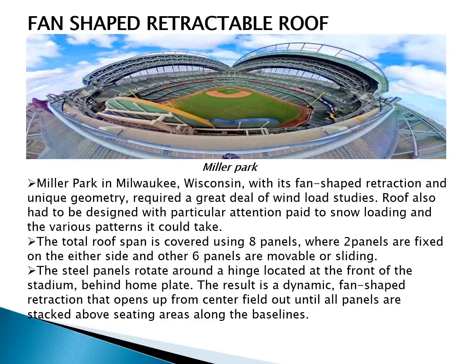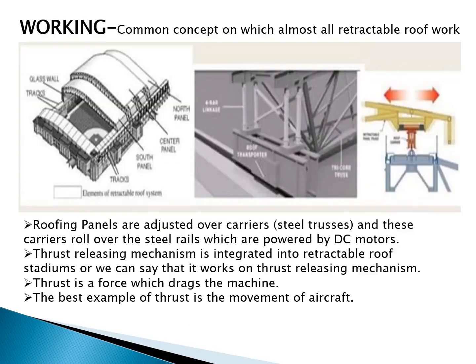The total roof span is covered using 8 panels where 2 panels are fixed on either side and the other 6 panels are movable or sliding. The steel panels rotate around a hinge located at the front of the stadium behind home plate. The result is a dynamic fan-shaped retraction that opens up from center field out until all the panels are stacked above seating areas along the base lines.